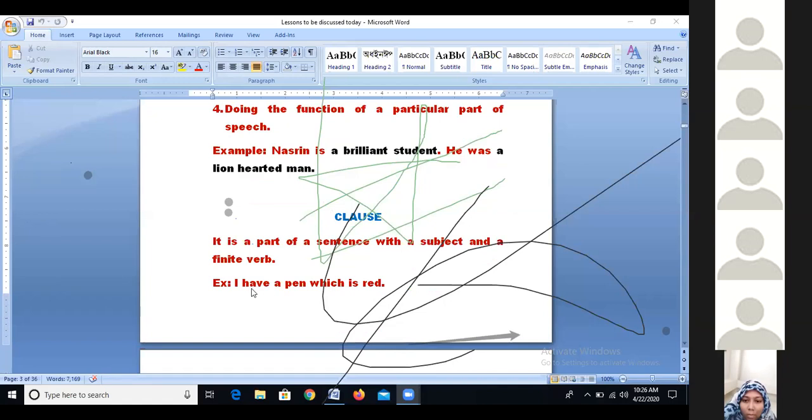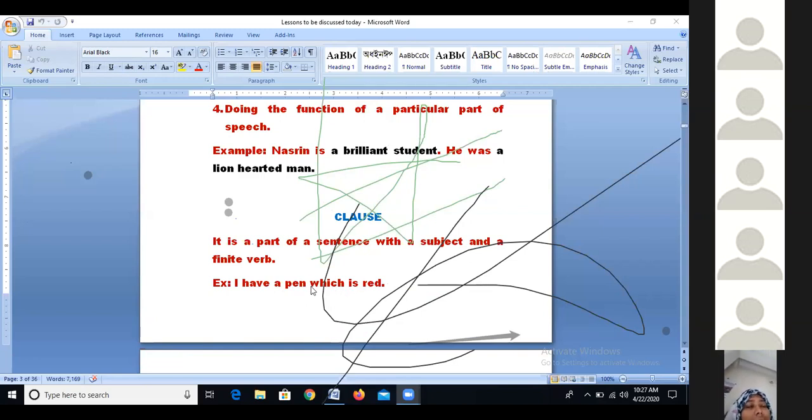Now look at this example. I have a pen which is red. So we find here two clauses. I have a pen, it's a clause because we find here one subject, I, and one finite verb. And in the next part, which is red, here we find another subject, which, and finite verb is.